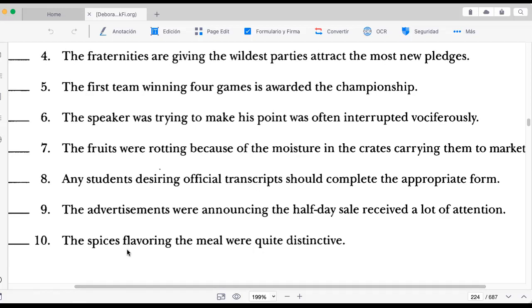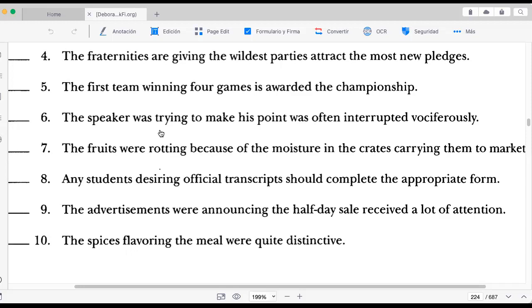Okay. Where is the subject missing? Can you tell us in which part of the sentence? It does have a subject. The speaker is the subject, no? Yes. Very good. So is it incorrect or correct?